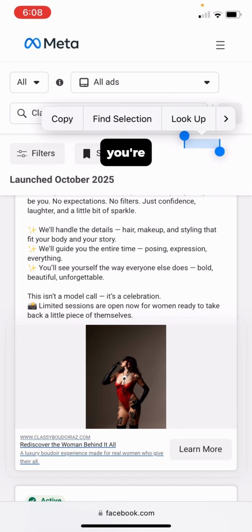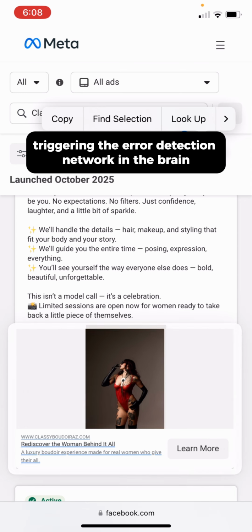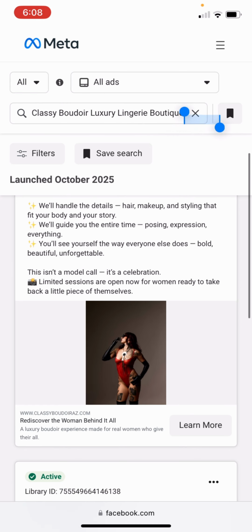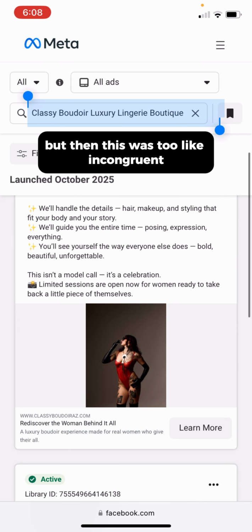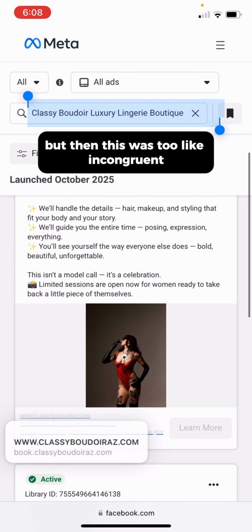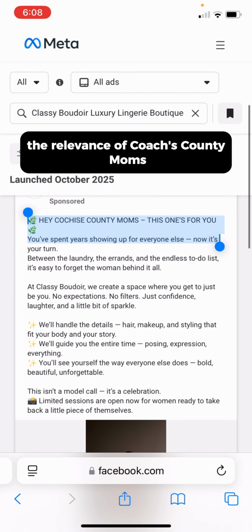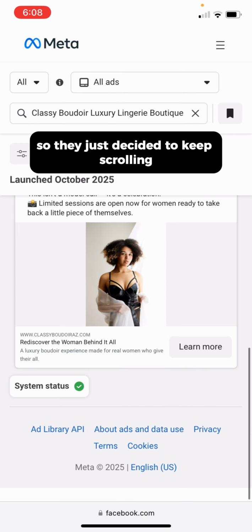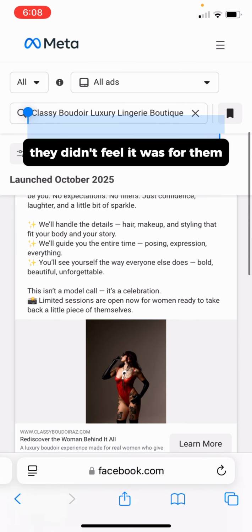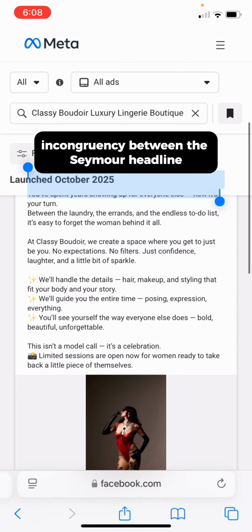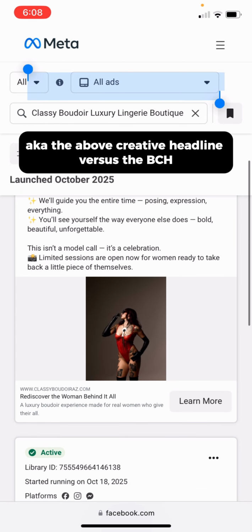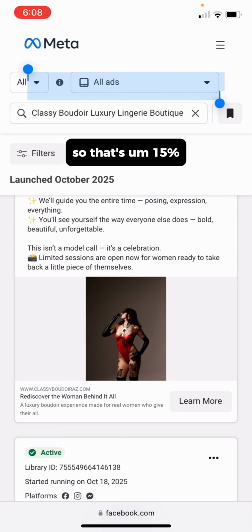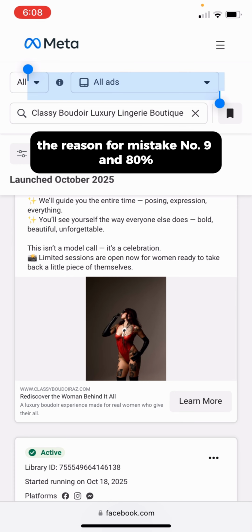But here, we're triggering the error detection network in the brain. So maybe Cochise County moms is relevant to them, but then this was too incongruent, where it overpowered the relevance of Cochise County moms, so they just decided to keep scrolling. They didn't feel it was for them. Incongruency between the Seymour headline, aka the above creative headline, versus the BCH, the below creative headline. So that's 15% of the reason for mistake number 9.